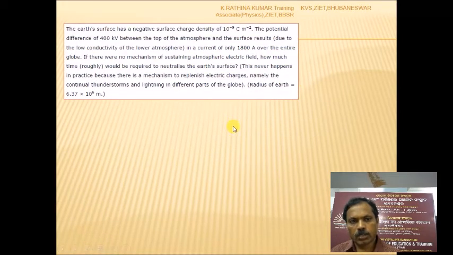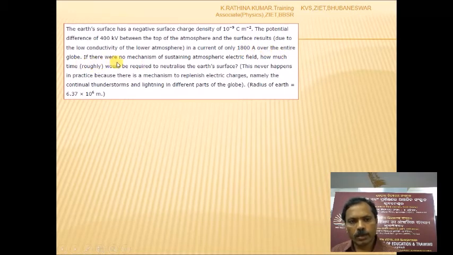Then another question. The Earth's surface has a negative surface charge density of 10 power minus 9 coulomb per meter square. The potential difference of 400 kilovolt between the top of the atmosphere and the surface results in a current of only 1800 ampere over the entire globe, due to the low conductivity of the lower atmosphere.